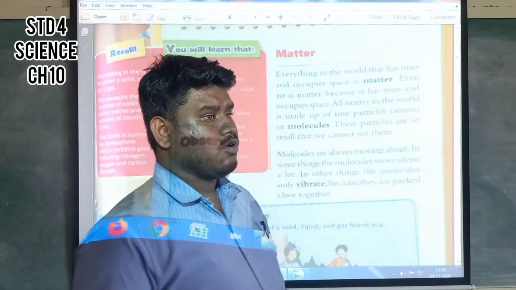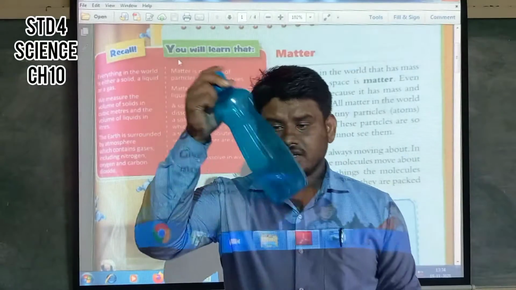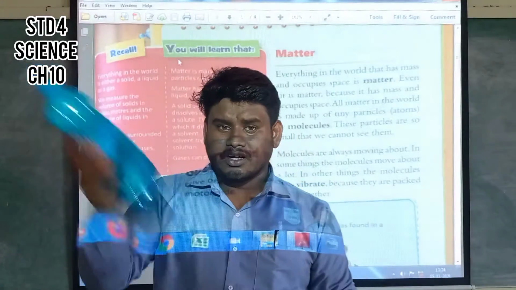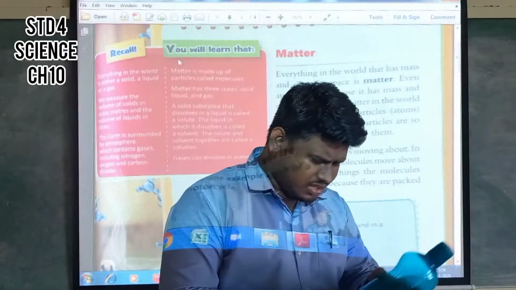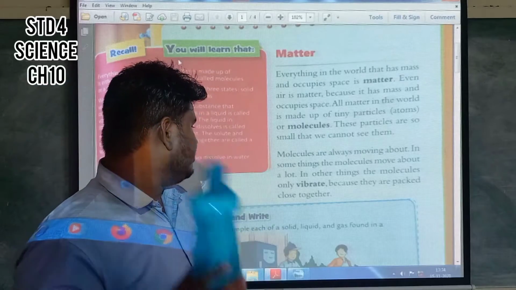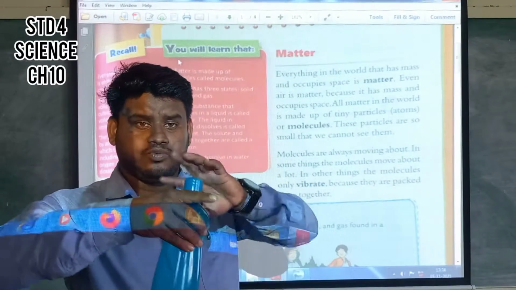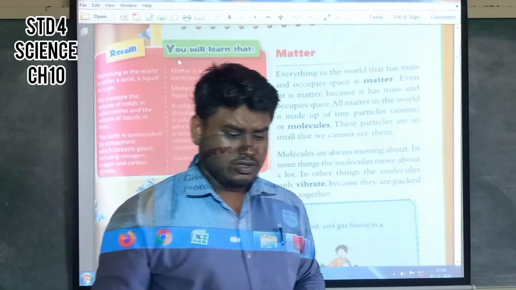Listen, so here it is. A little water is there, so I can move the water in any direction I want. The molecules are moving very fast, moving a lot. But if the container is full, they can hardly move.